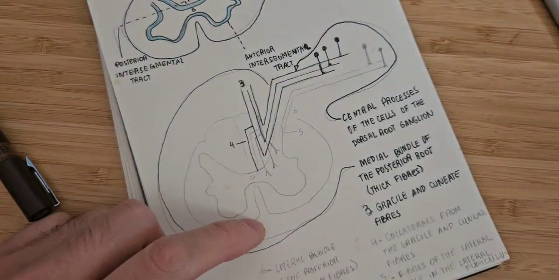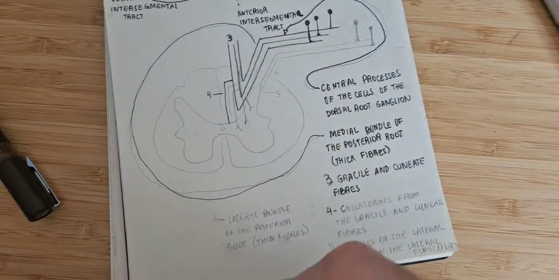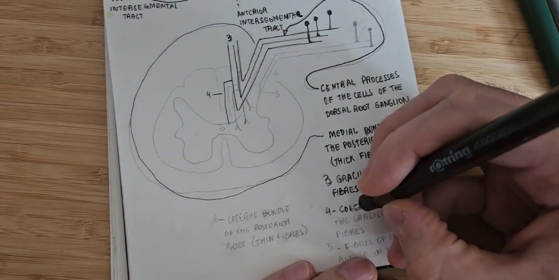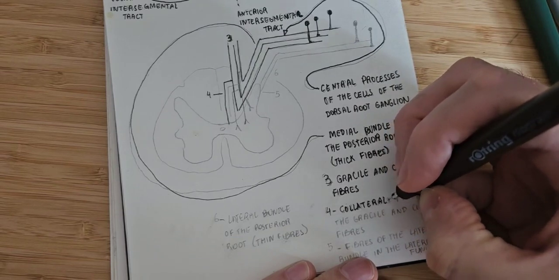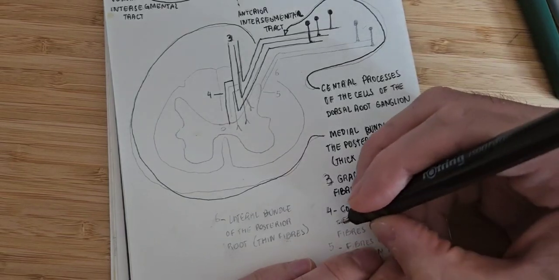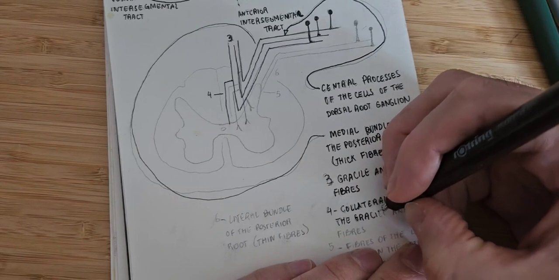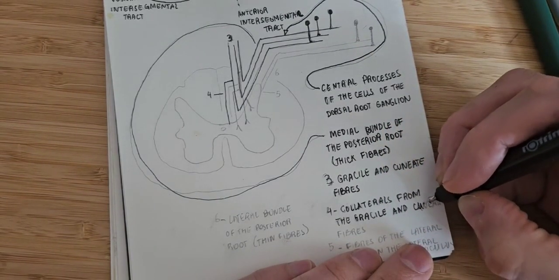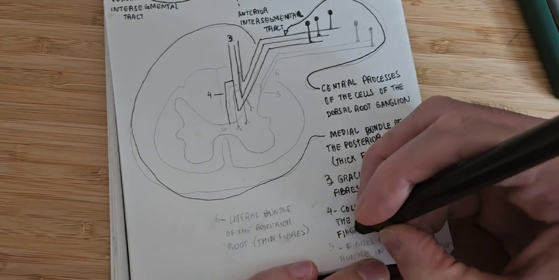This one is the collateral from the gracile and cuneate fibers.